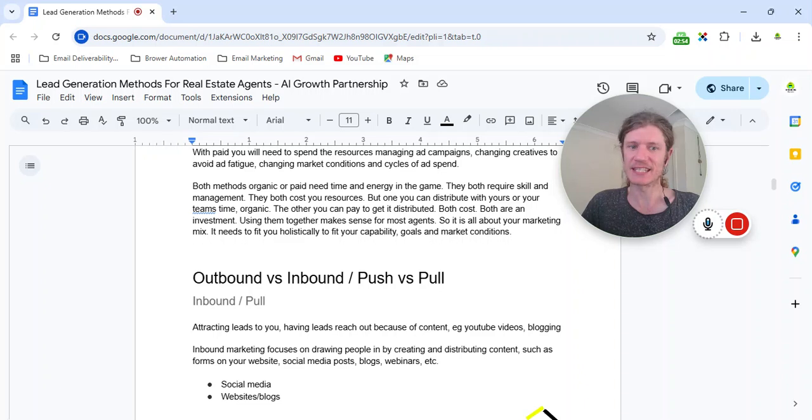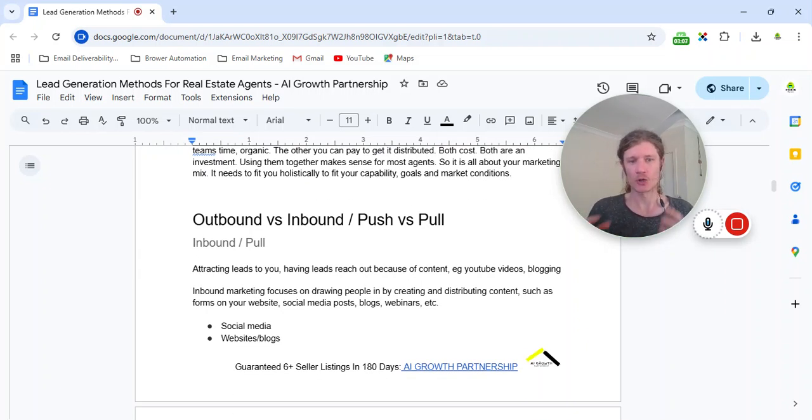The next is outbound versus inbound, and some people might also use the terms push versus pull. Inbound marketing is where you are attracting leads. So you're putting out content or hosting events that leads come to you.